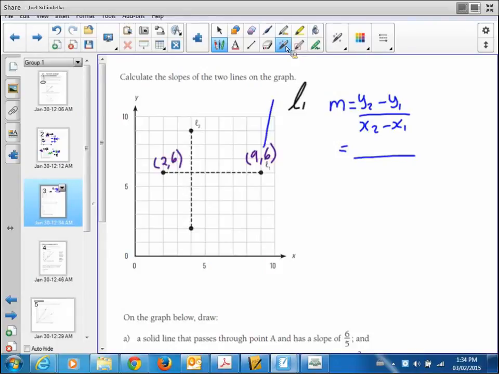The y value here is 6, and what's this one? 6 minus 6. And then the other one, the same order. x2 is 9, x1 is 2.